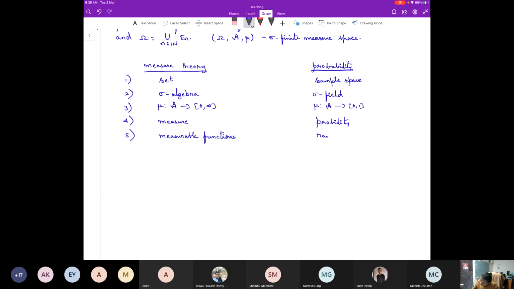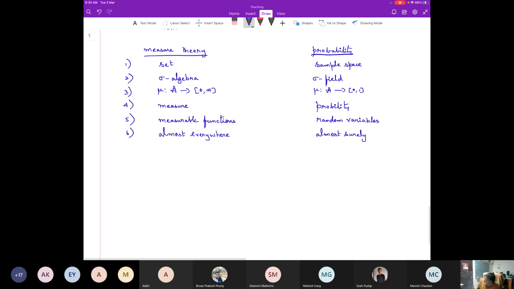Here they call them random variables. In the context of measurable functions, we are going to define what is known as almost everywhere. There they call it almost surely. And then we are going to do the most important thing, integration. Here it is what is known as expectation.